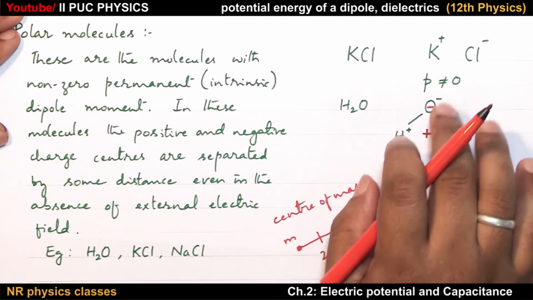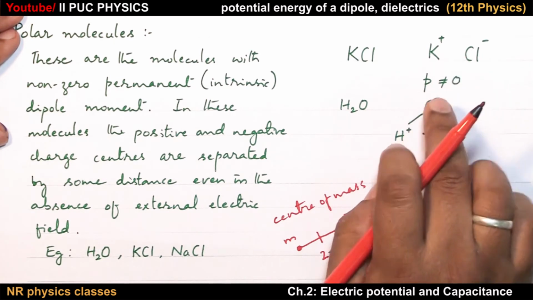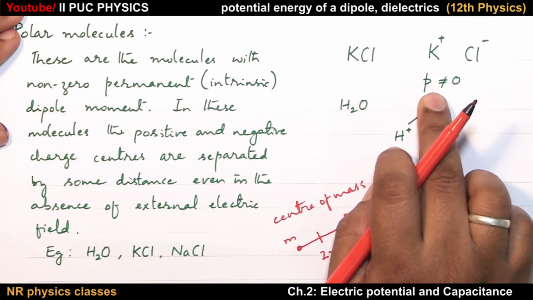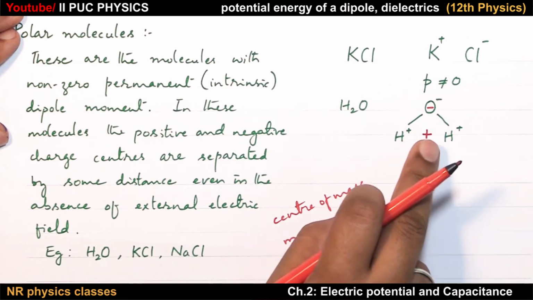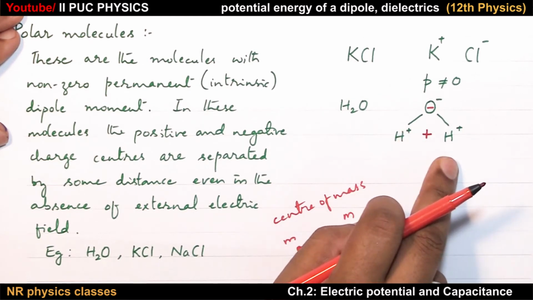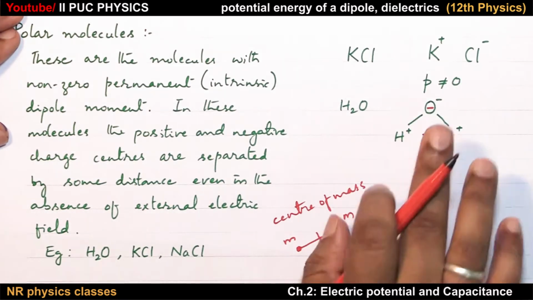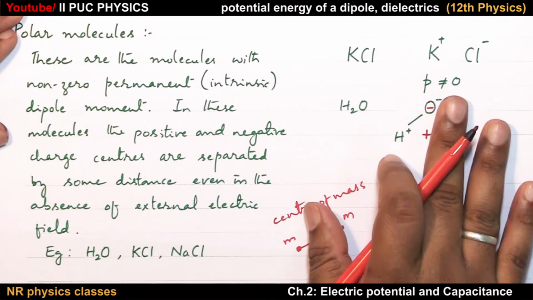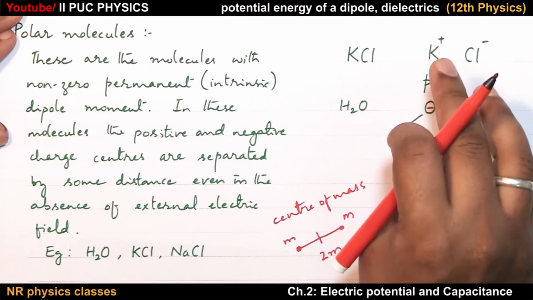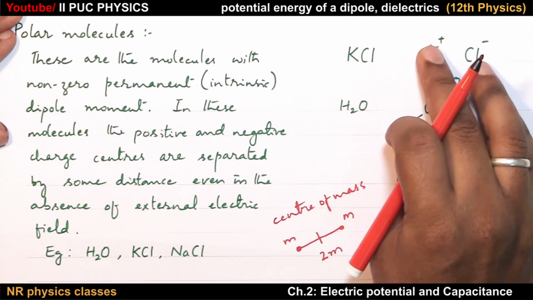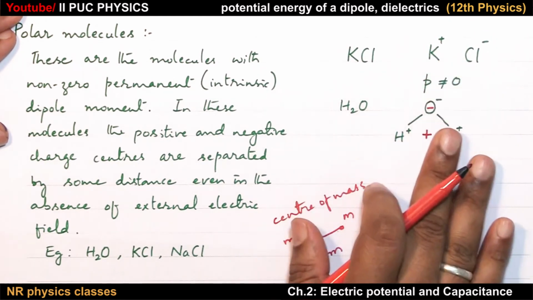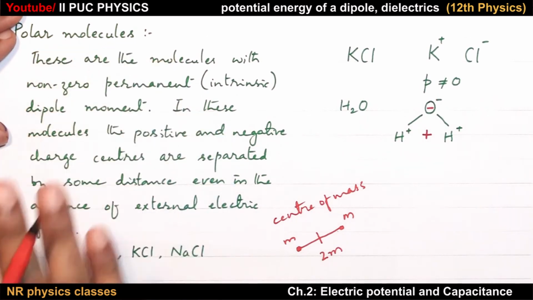Still the molecules have non-zero dipole moment. Of course, the dipole moment of a water molecule is different from that of a KCl molecule, but it is non-zero. In that sense, they possess permanent dipole moment, and such molecules are called polar molecules.